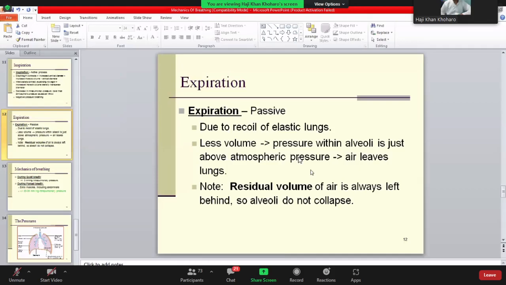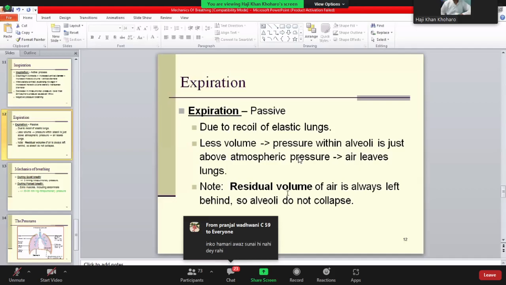This occurs because of pressure difference.